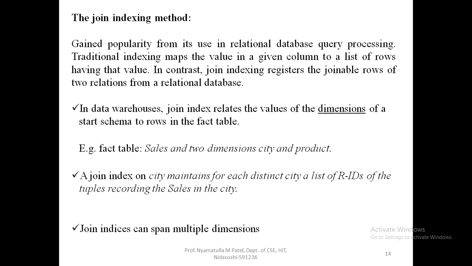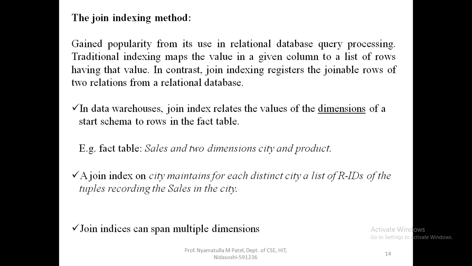In contrast, join index registers the joinable rows of 2 relations from a relational database. So, if the 2 rows have some relation between them, then they can be joined to form a relational database.